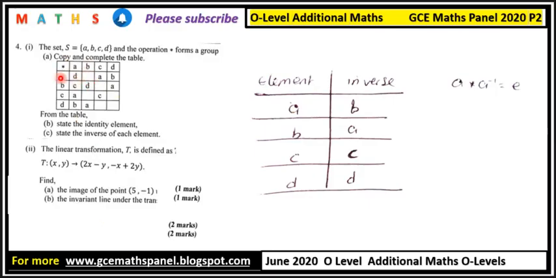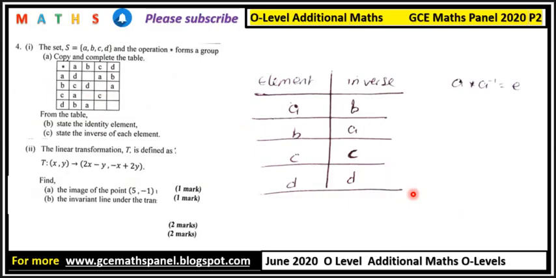The inverse of A is B, as you can see. Then the inverse of C is C, because this is the identity element here. C operates C to give C. So the inverse of C is C. So C is self-inverse, and even D is equally self-inverse.